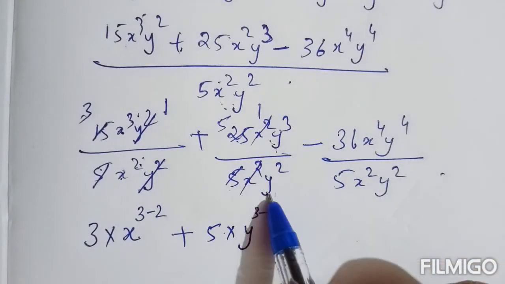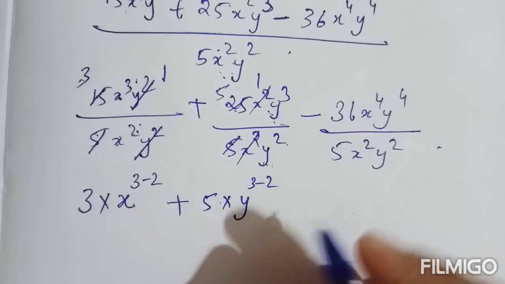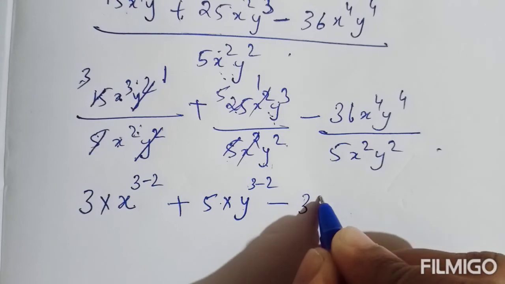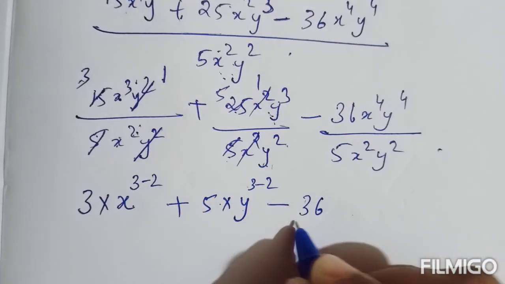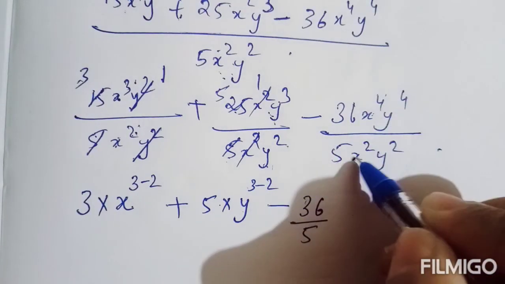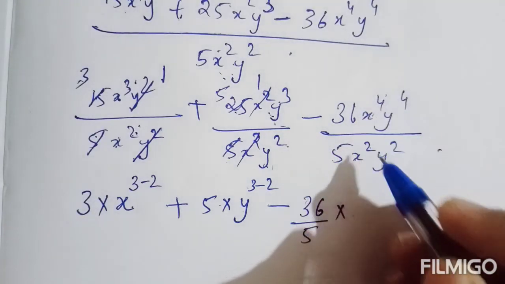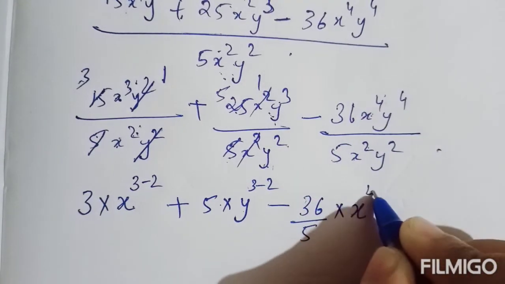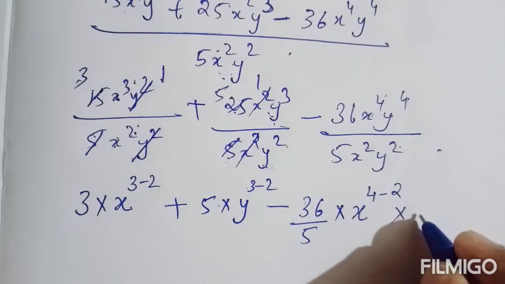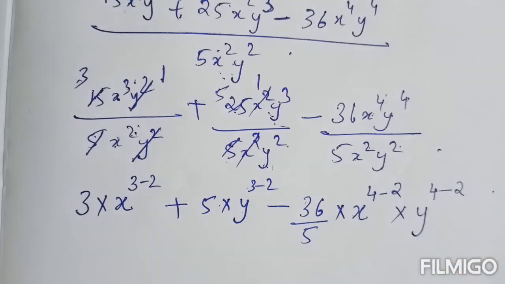Minus 36 by 5, you can just write 36 by 5 itself. x raised to 4 and x square you can divide because they are exponents having the same base, x raised to 4 minus 2, into y raised to 4 and y square, y raised to 4 minus 2.